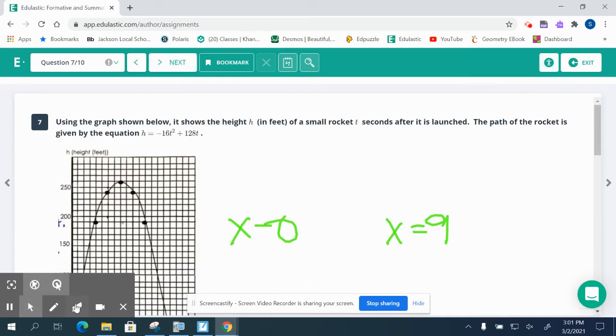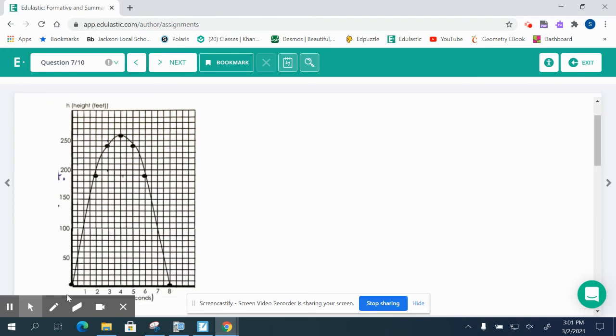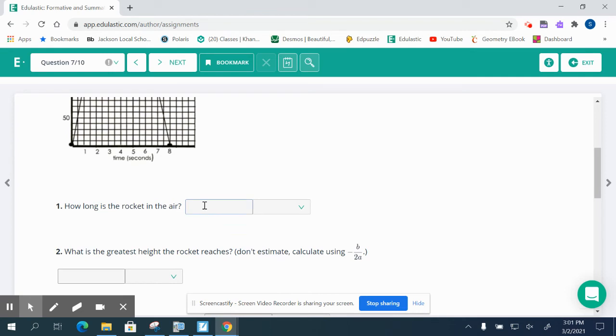All right, 7. So here it says you've got a rocket that's being launched, so it goes up, and then after 4 seconds, it comes back down and lands on the ground after 8 seconds. That means that it's in the air for 8 seconds. Answer question 1. What is the greatest height the rocket reaches?